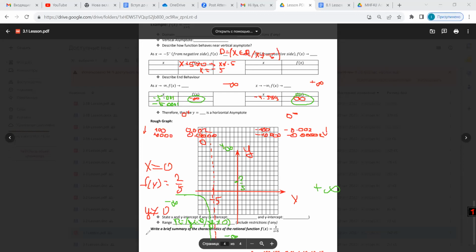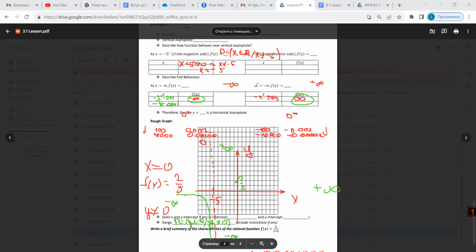So to summarize the characteristics of the given rational function, we see that it has a vertical and horizontal asymptote, as well as restrictions on its range and domain.